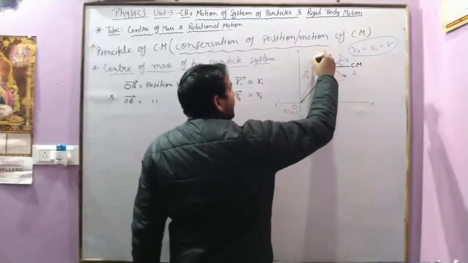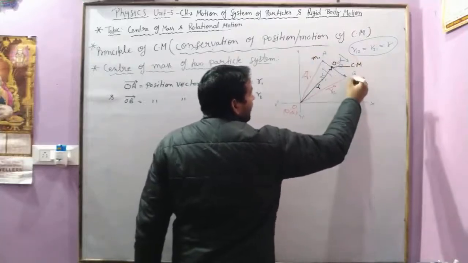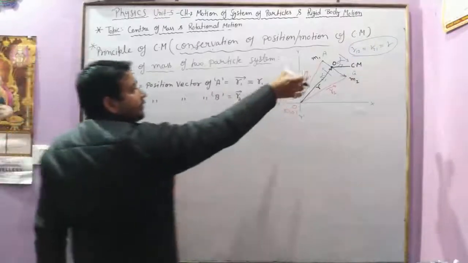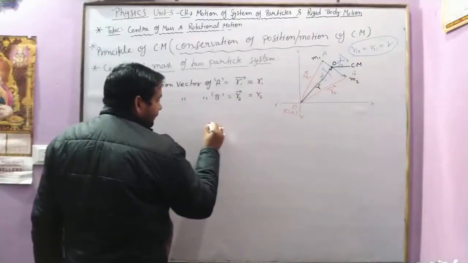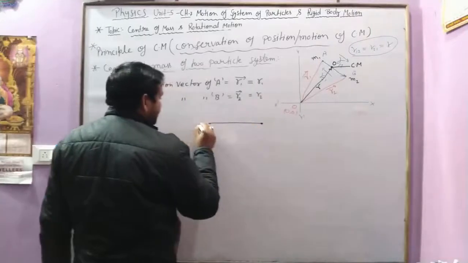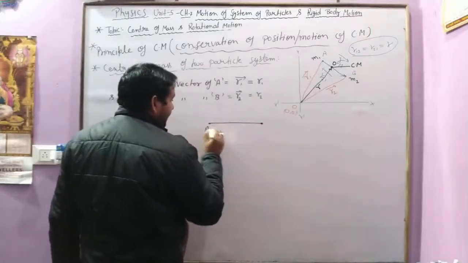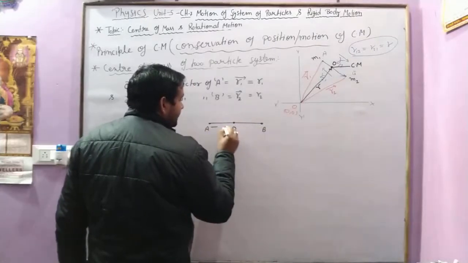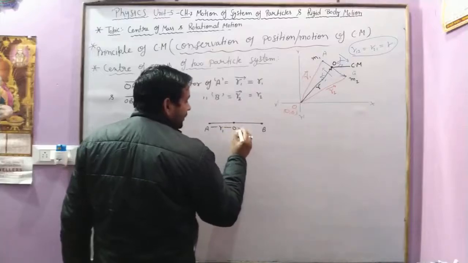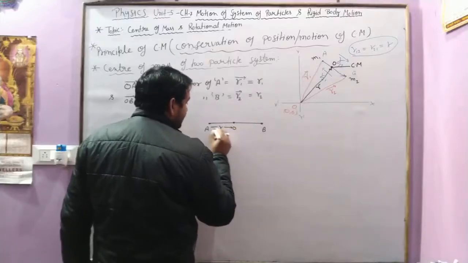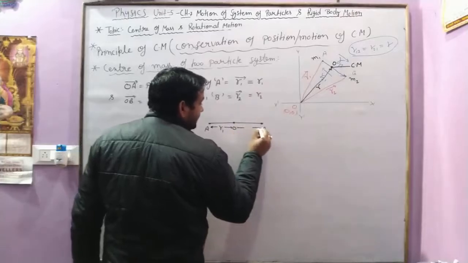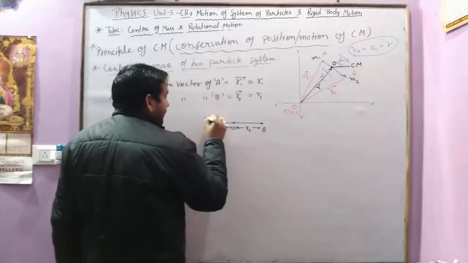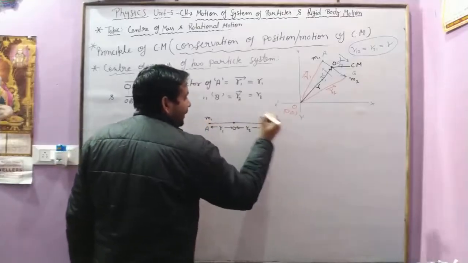Let the mass of particle A be m1 and mass of particle B be m2. We can also draw this like this: points A, B, and a point O, at distances r1 and r2 from origin, with masses m1 and m2.